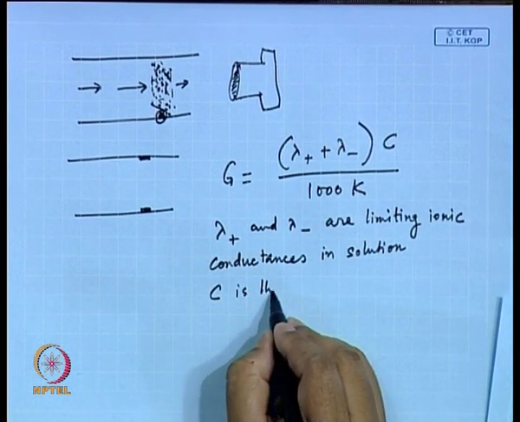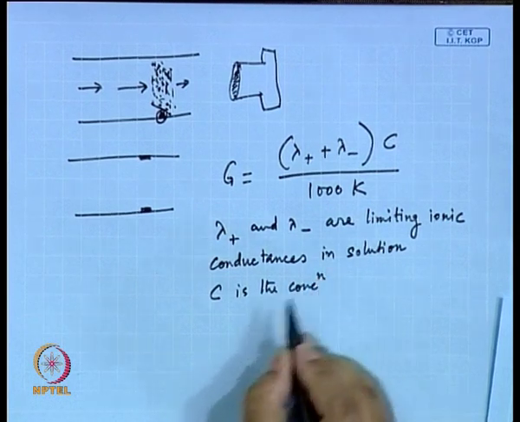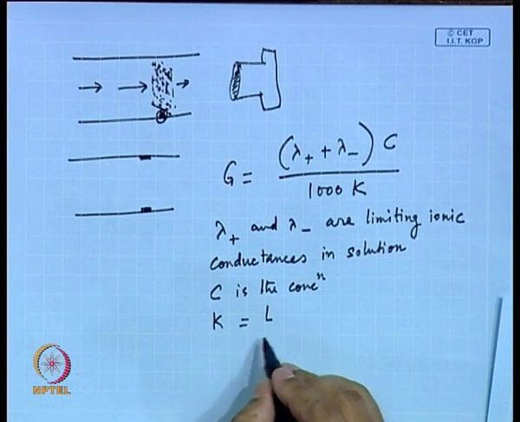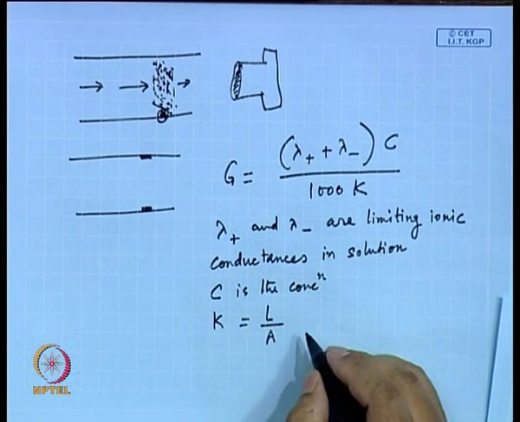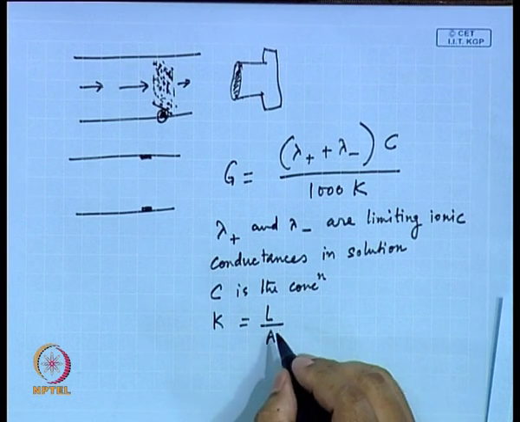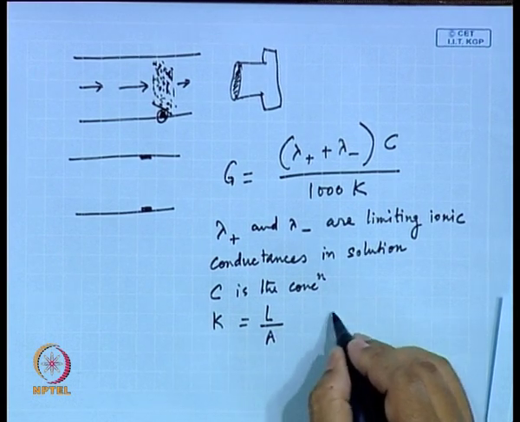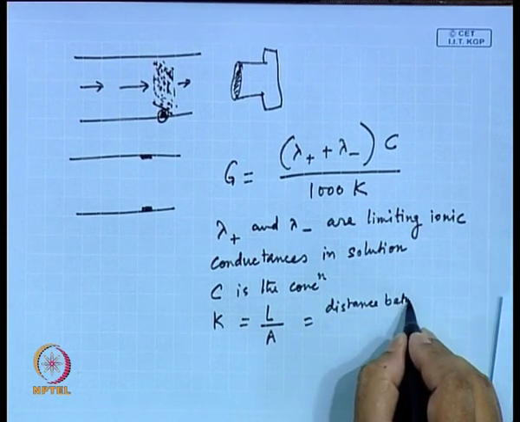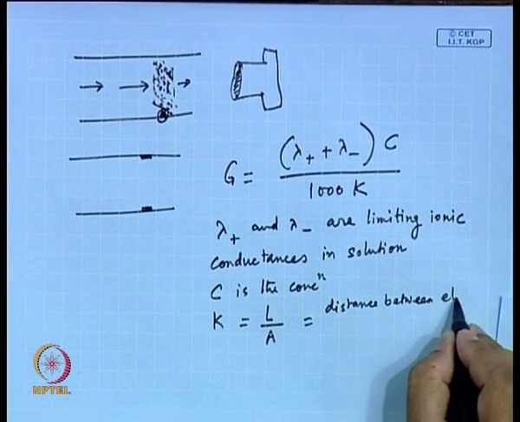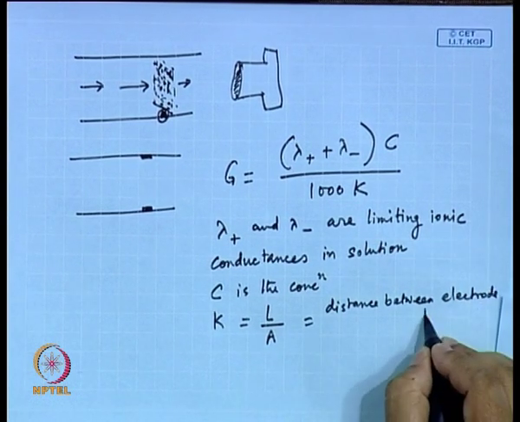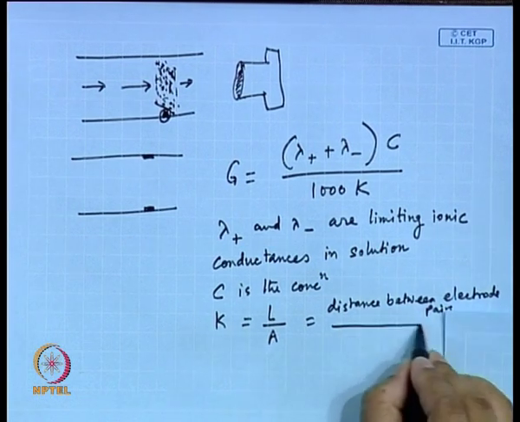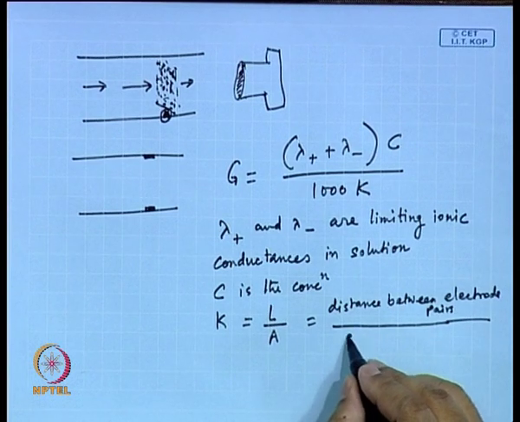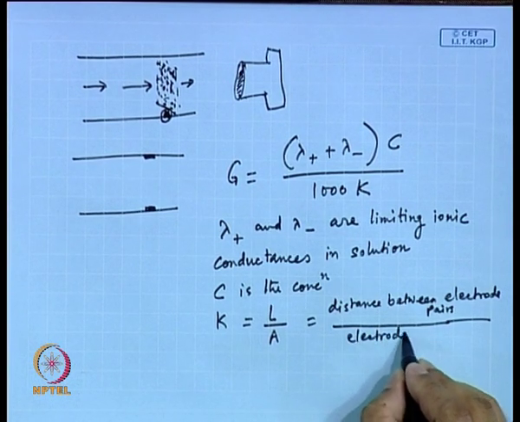C is the concentration, and K is the cell constant, which is basically the distance between the electrode pairs divided by the electrode area.